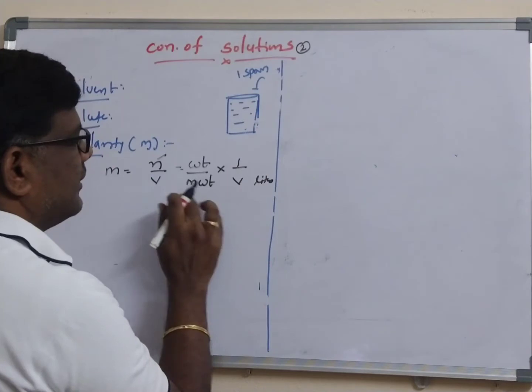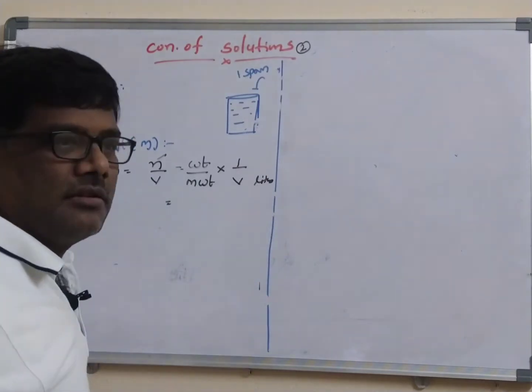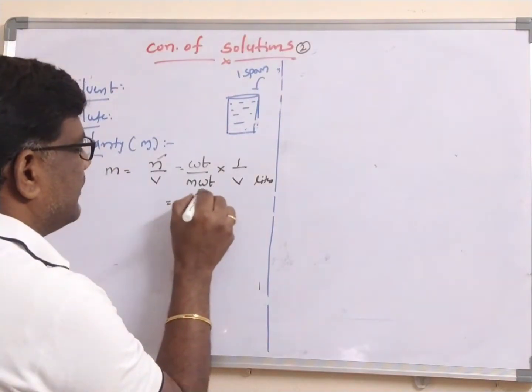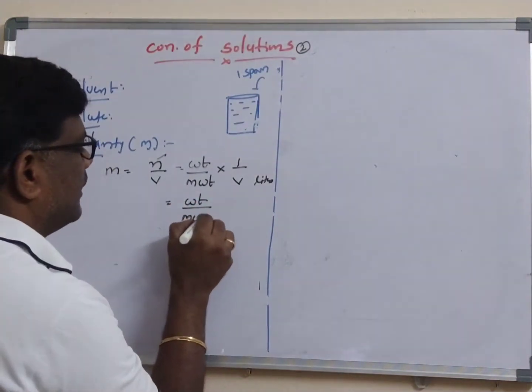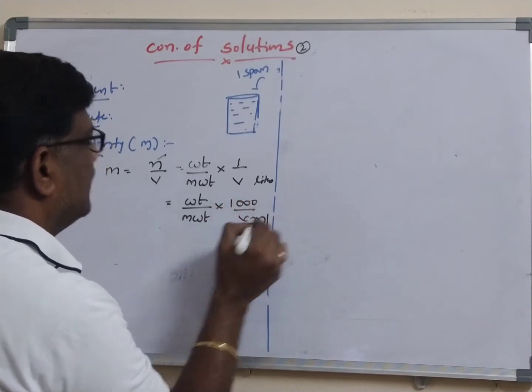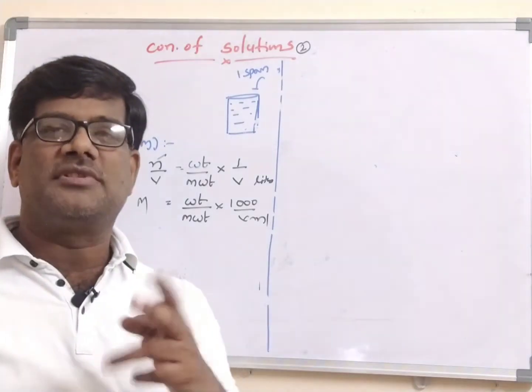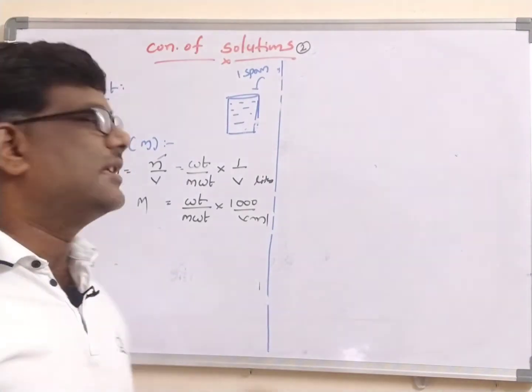Whenever he gives you liters, you have to use this formula. But whenever he gives you ml, since 1 liter is equal to 1000 ml, the equation becomes weight by molecular weight into 1000 by V ml. Based on these two equations, we will calculate 2 problems. Generally, you will get 2 problems only.